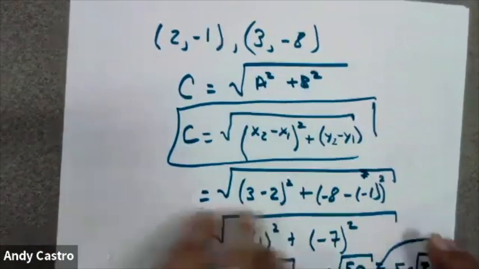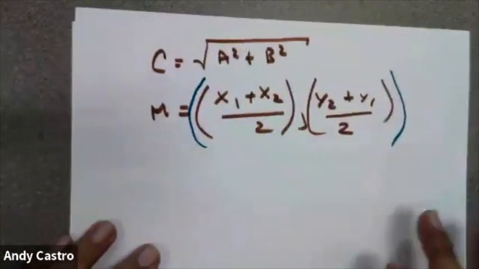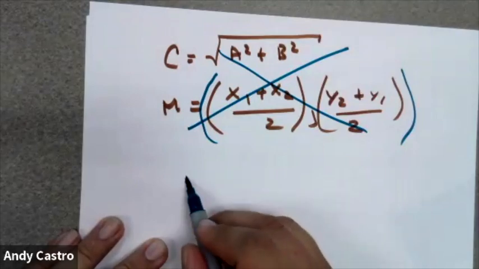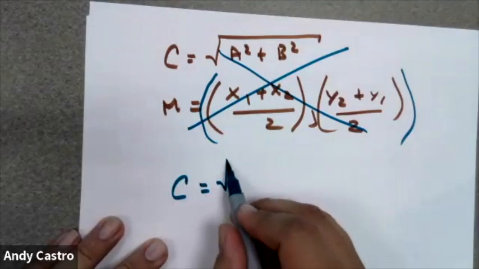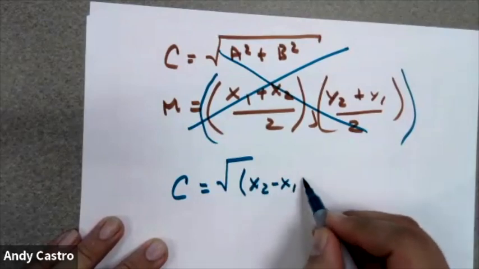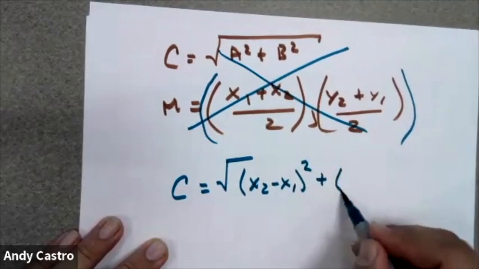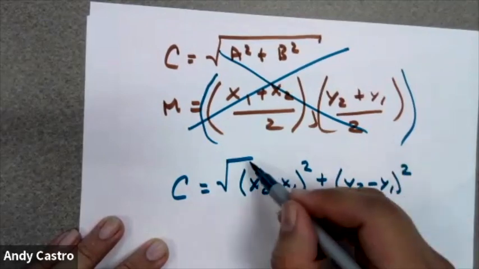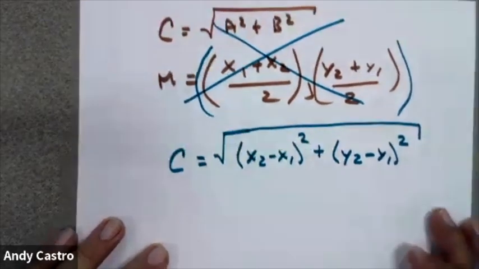So this is actually the more robust formula. For the distance formula here, these just kind of need to be rewritten. So that distance there is going to be x2 minus x1 quantity squared plus y2 minus y1 quantity squared, square root of that.